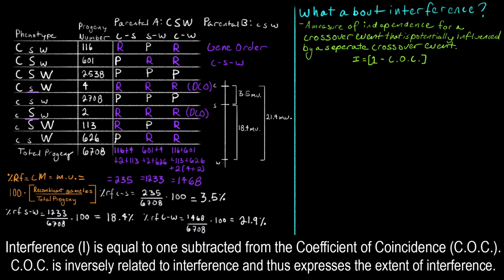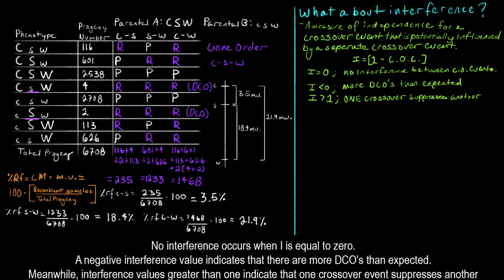COC is inversely related to interference and thus expresses the extent of interference. No interference occurs when I is equal to 0. A negative interference value indicates that there are more double crossovers than expected. Meanwhile, interference values greater than 1 indicate that one crossover event suppresses another.